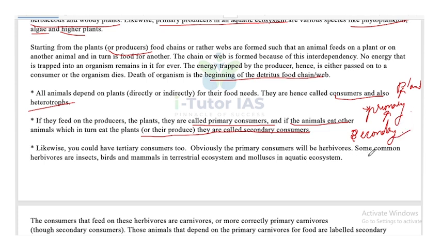Likewise, you can also have tertiary consumers. Obviously, the primary consumers will be herbivores. Some common herbivores are insects, birds and mammals in terrestrial ecosystems and mollusks in aquatic ecosystems. So just take note of these examples.